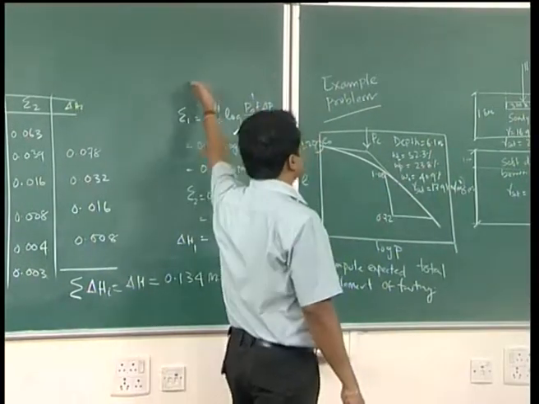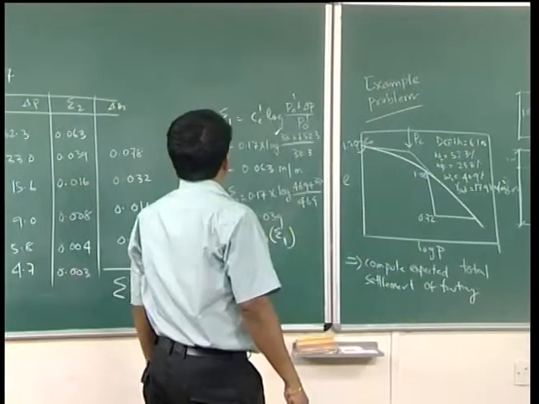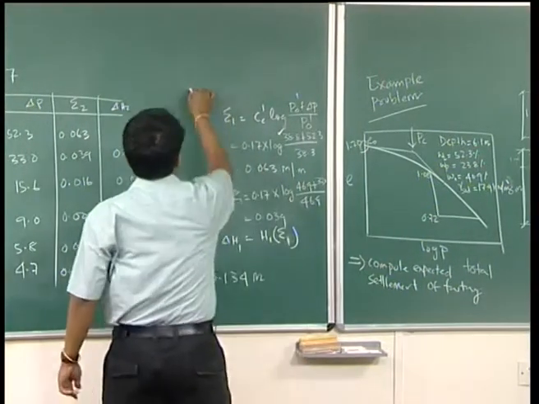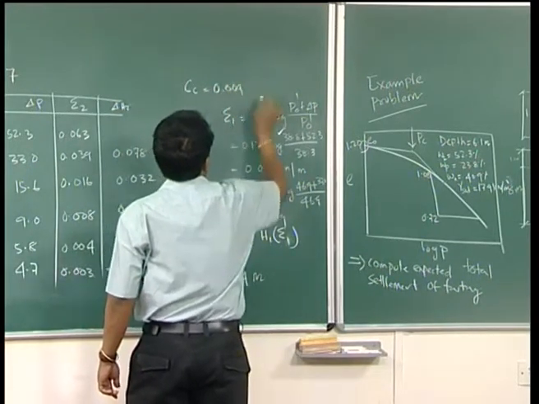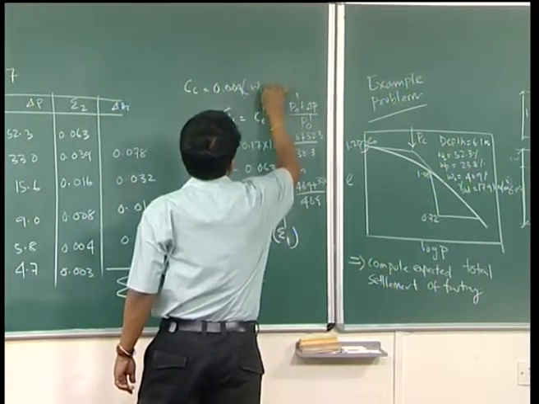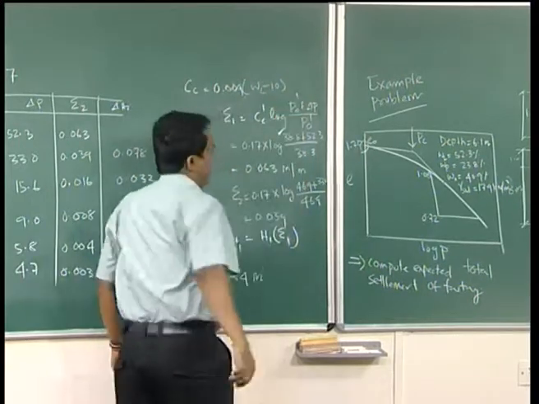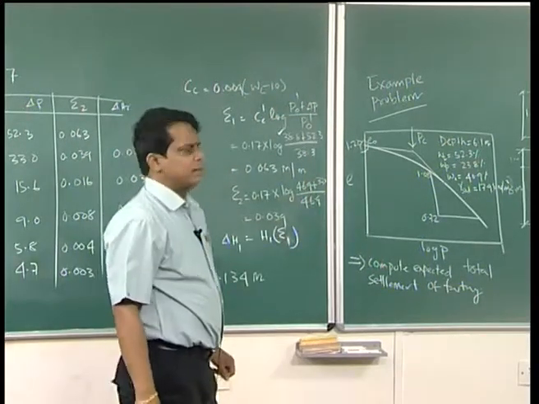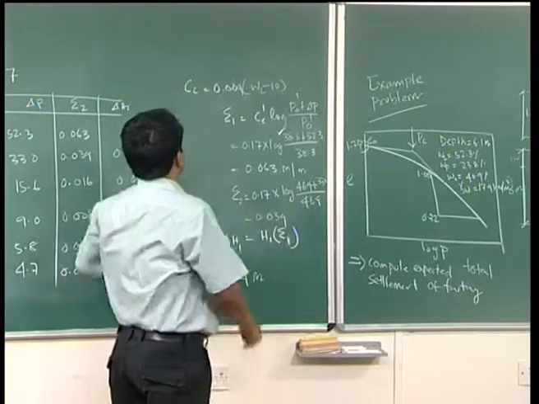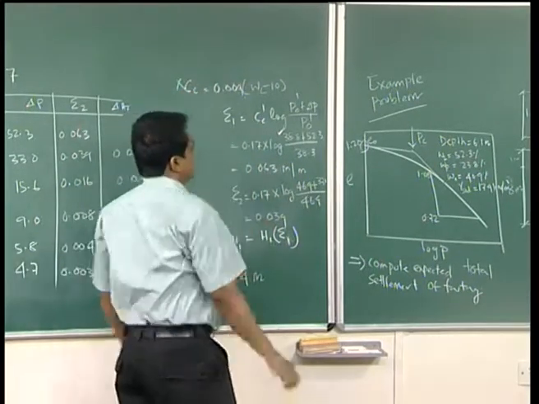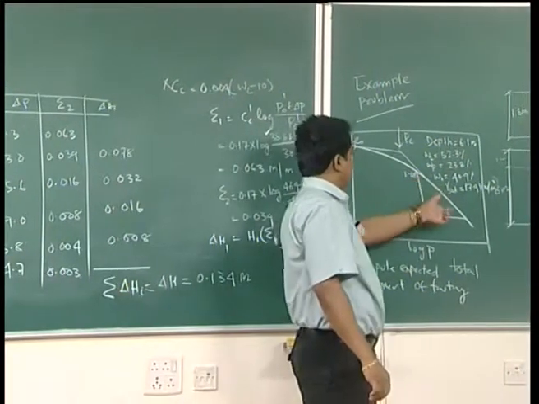I have written earlier Cc by means of empirical correlation, which you can use if it is not given: 0.009 into (WL minus 10). If this e versus log P is not given, then you can get it here. If it is given, do not use it, you can get it from your slope.